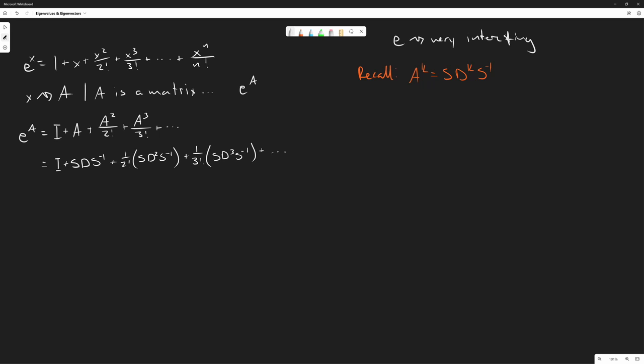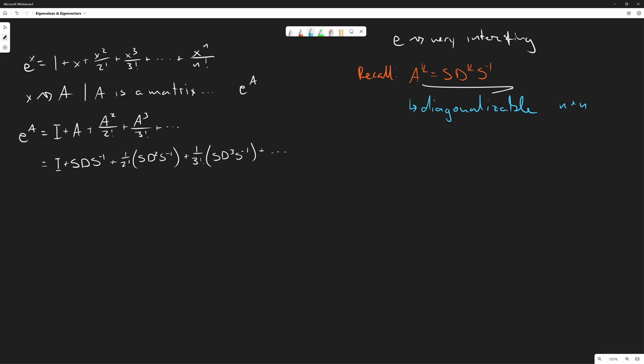If we use this definition, A to the k is equal to S D to the k S inverse, then that means A is diagonalizable, which also means it is an n by n matrix.